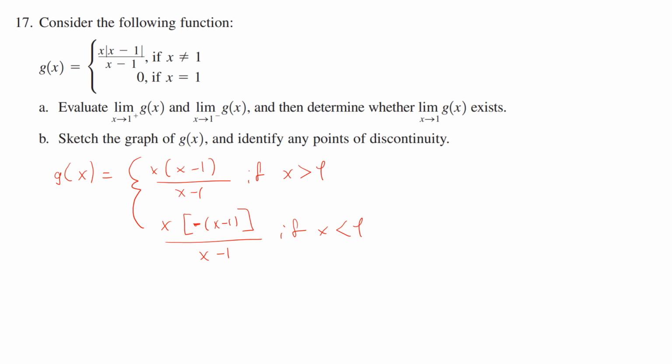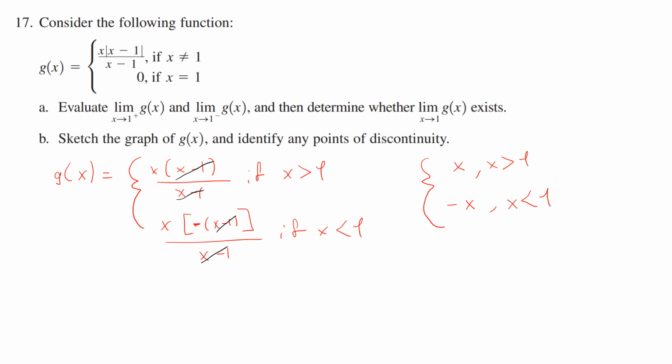Now I can cancel these x minus 1's. So the first version, coming from the right side, is only x, if it's bigger than 1. And the second one I can cancel again, but I have a negative sign in front, so that comes to negative x for anything less than 1.